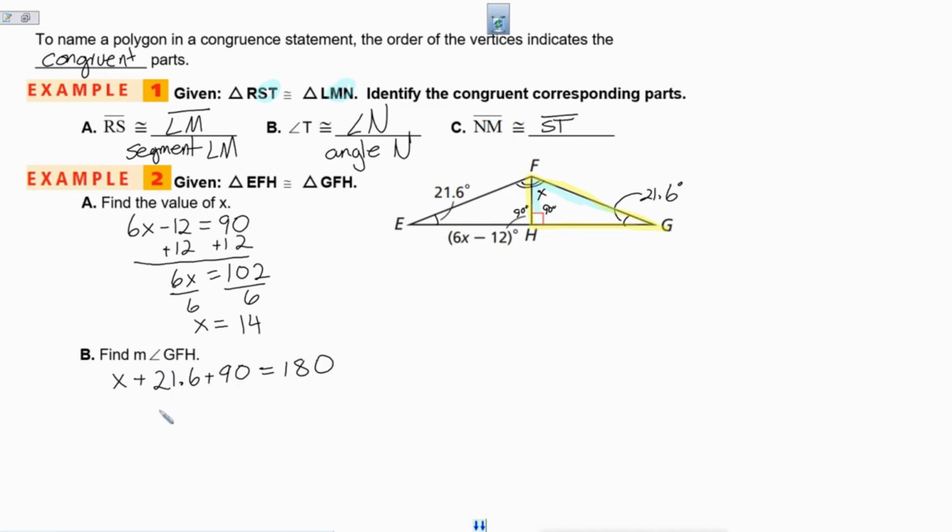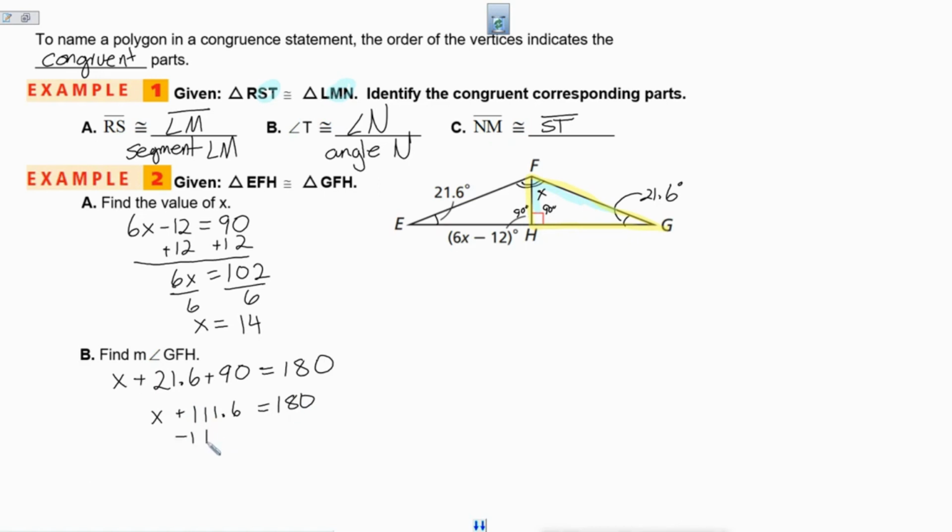Then we need to combine our like terms. So we get x plus 111.6 equals 180.